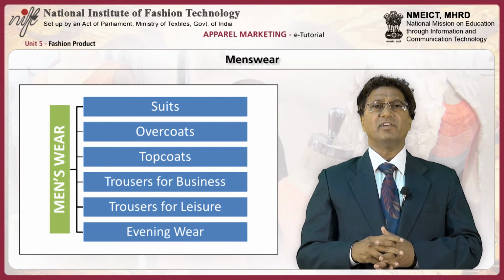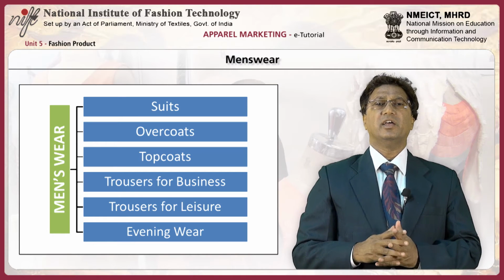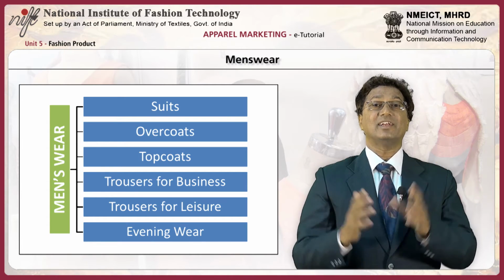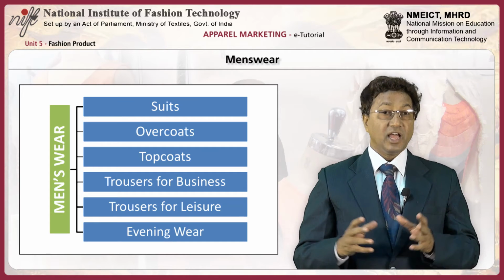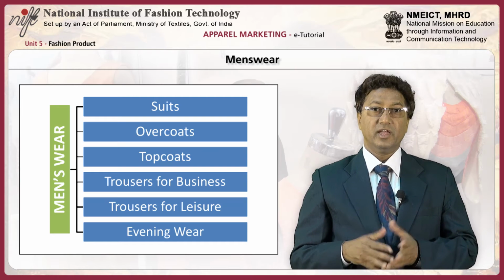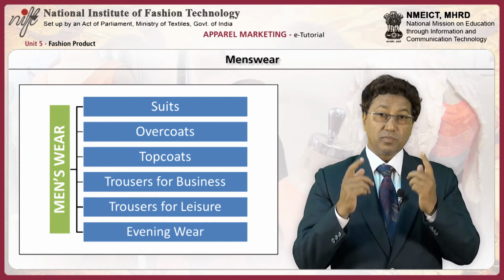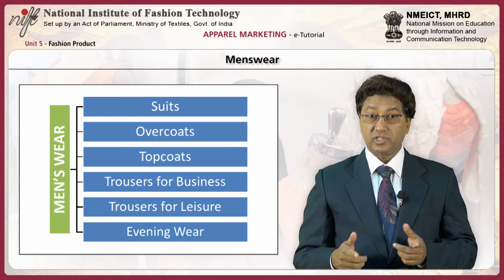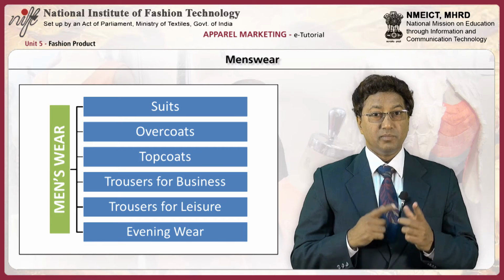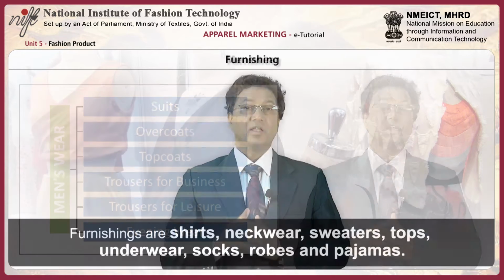With the increased awareness of fashion orientation in today's market environment, there are as many categories available to men as women. Tailored clothing includes suits, overcoats, top coats, sports coats and separate trousers for business, leisure and evening wear.